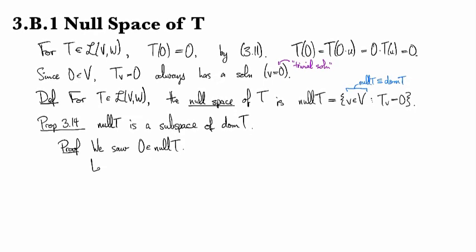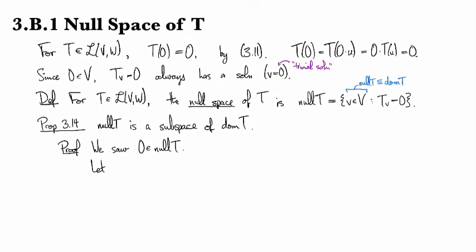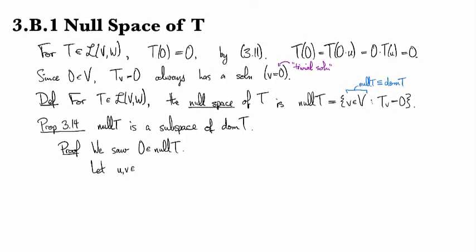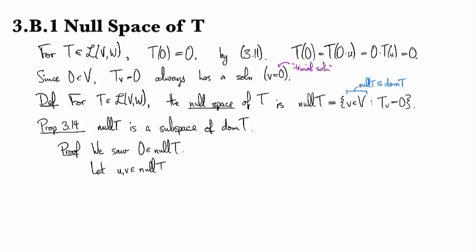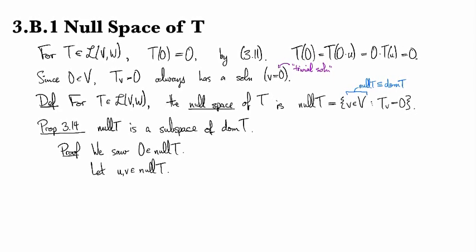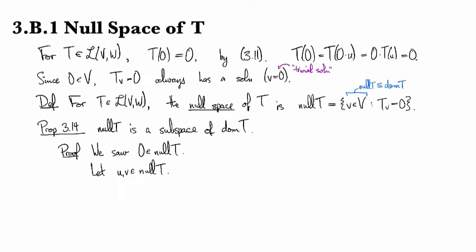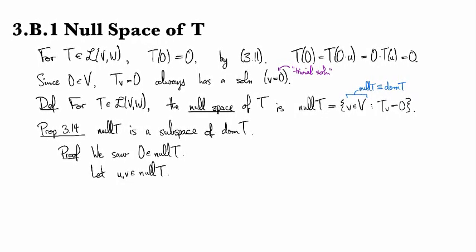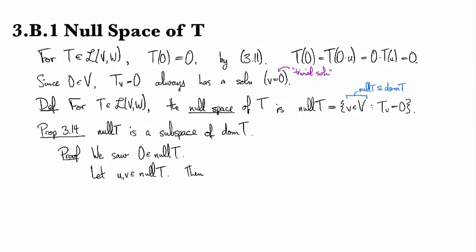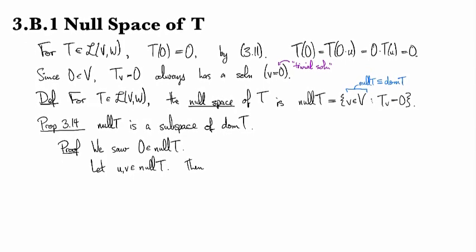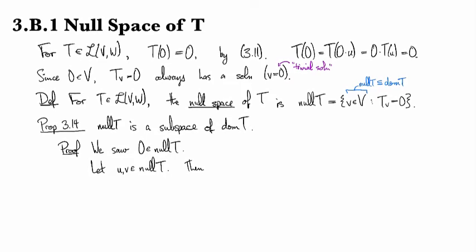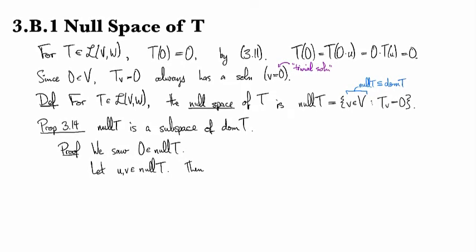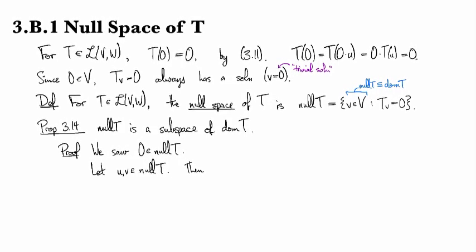So now let's check closure under addition. Pick u and v to be elements of the null space of T. If you were working through this proof on your own, probably the first thing to do is say, okay, let's pick a couple elements of the null space.